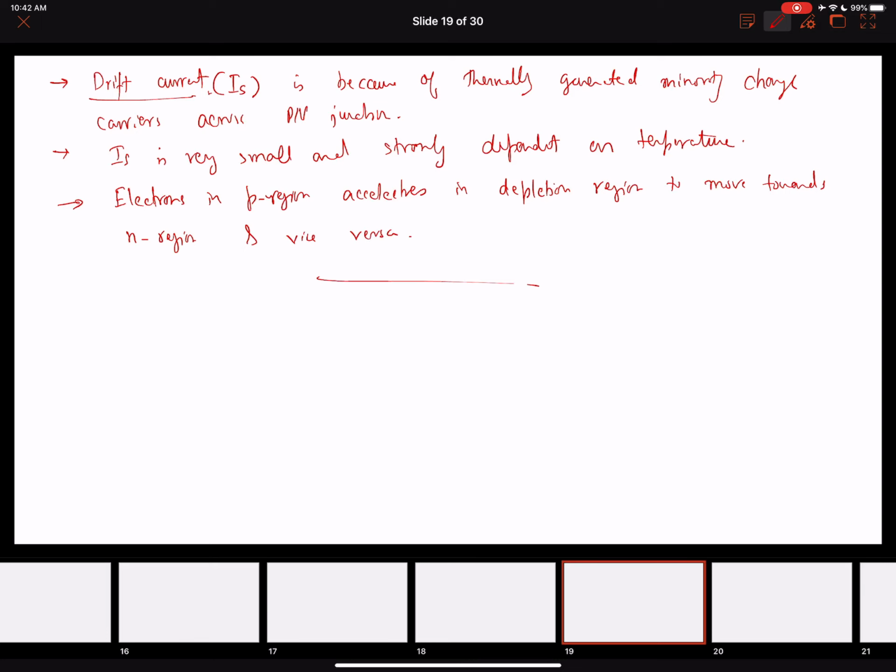So let's look at this drift current closely. By the way, this drift current is usually extremely smaller than the diffusion current.